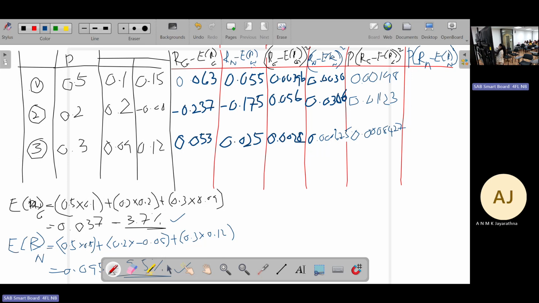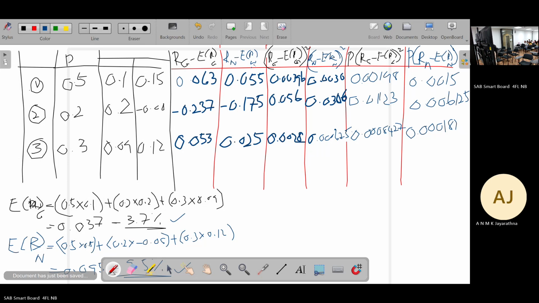Then we'll move to the asset N. 0.0015. Am I correct? Correct? Then 0.00615. Last one 0.0001875. Now take the total.